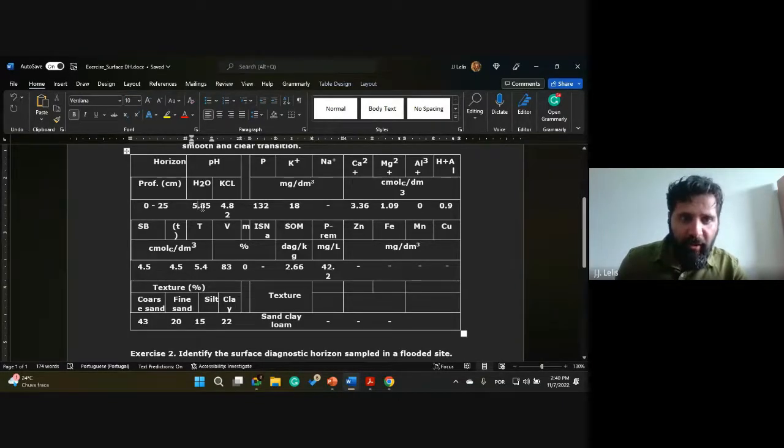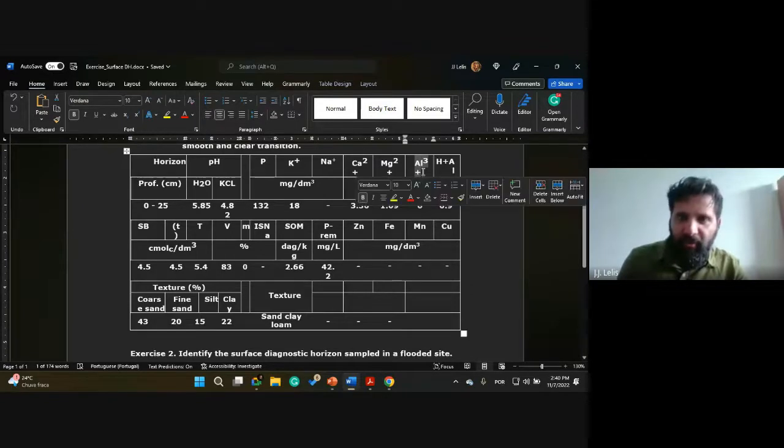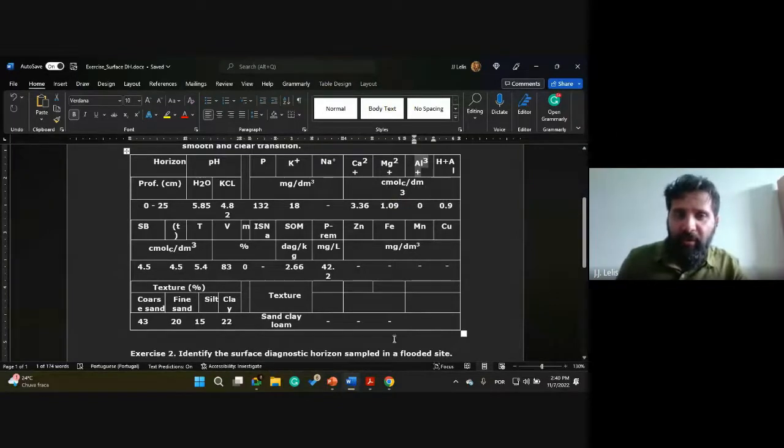It's 5.8. 5.8 is a very important pH because with a pH equal or higher than 5.6, we can't find aluminum. And aluminum is toxic for the majority of organisms on the earth. So we have a very good pH for growing, okay?